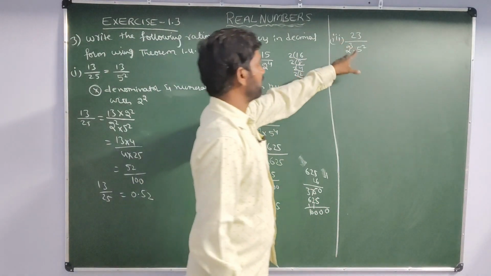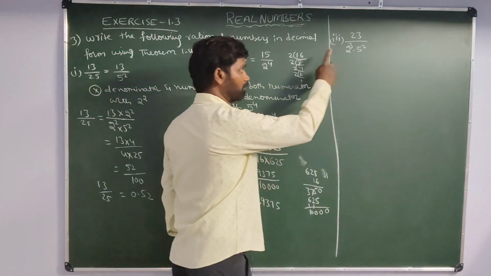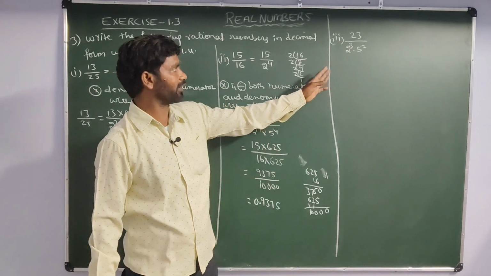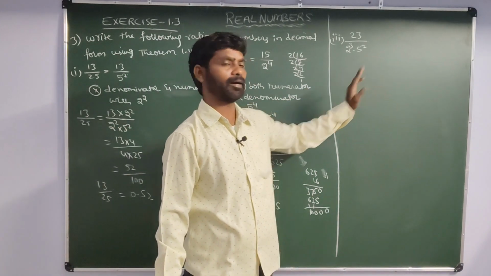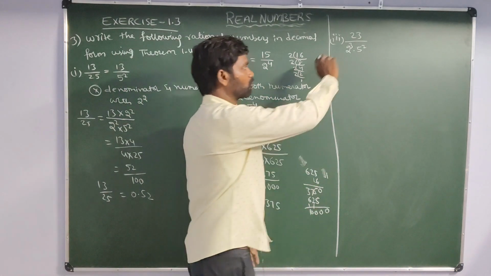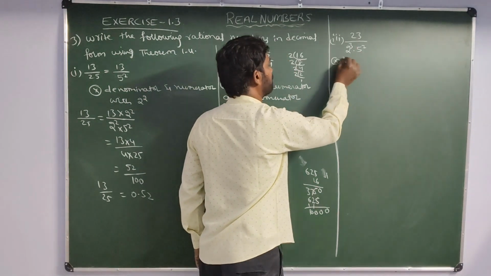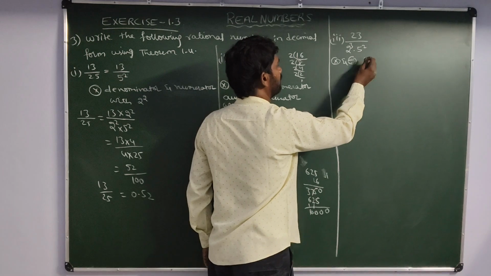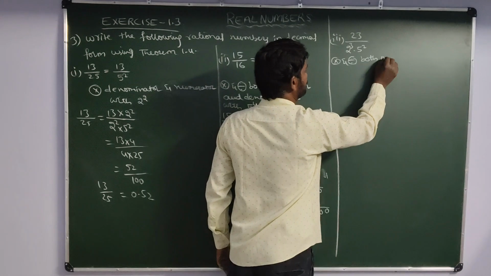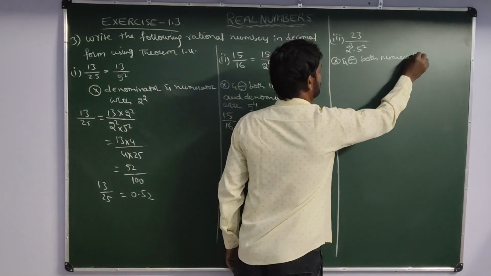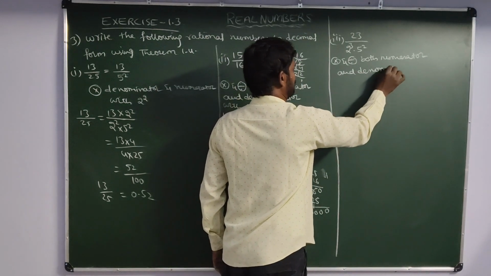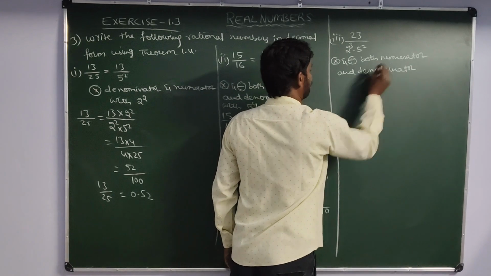Next question, 23 by 2 cube into 5 square. Now observe the denominator. So the denominator is in the form of 2 power n and 5 power m, but the powers are not the same. Now we have to make the powers same. So to make the powers same, we have to multiply and divide both numerator and denominator with 5.